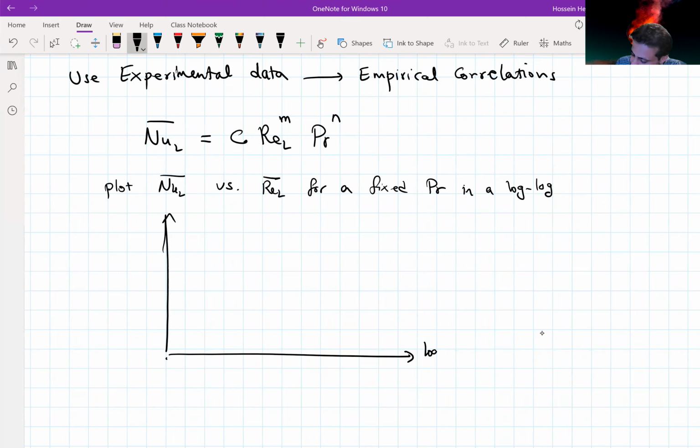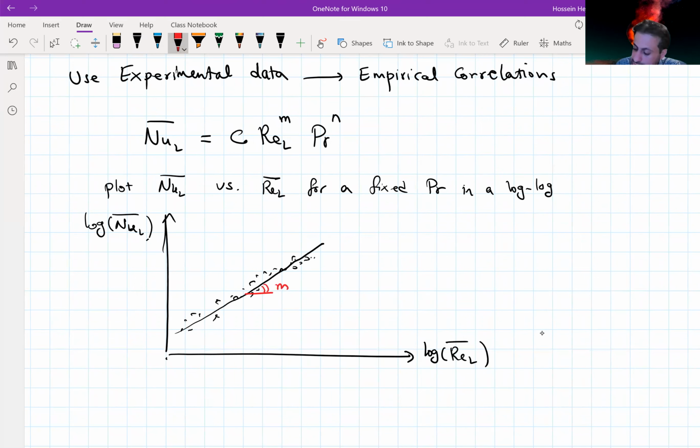Let's say this is log of Reynolds number, and this is log of Nusselt number. Then for one set of experimental data that we have collected, the fitted line is going to be a straight line, and the slope of that is going to give us m. The intercept of that is going to give us information about C and n.